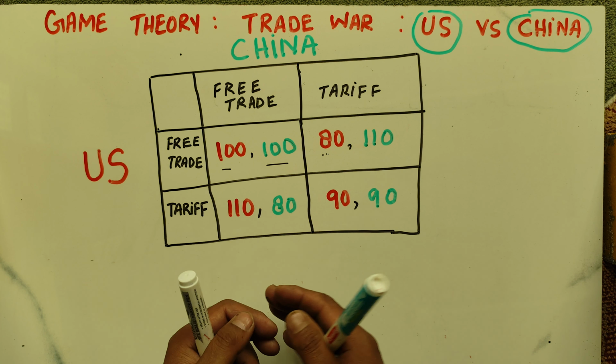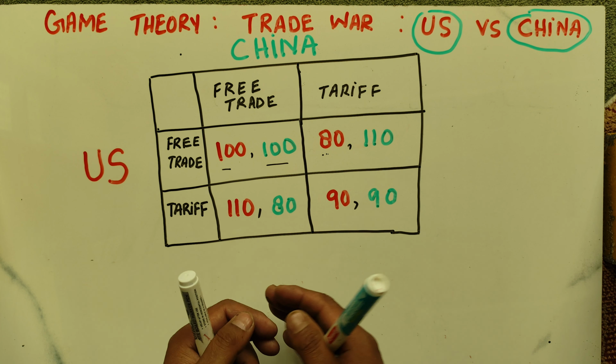If both countries opt for free trade, trade flows remain stable, economic conditions remain healthy, and there is no uncertainty in the global economy. This explains the first cell.